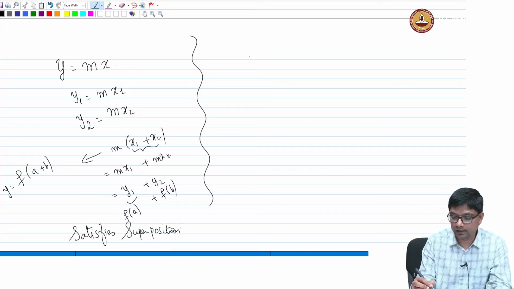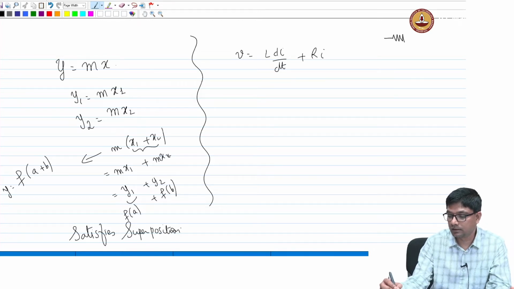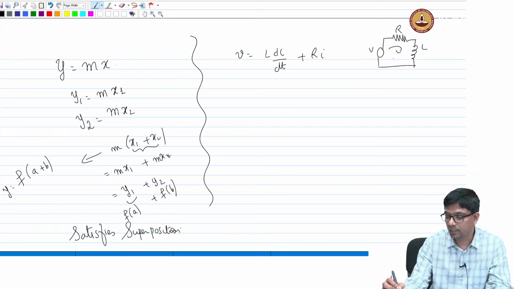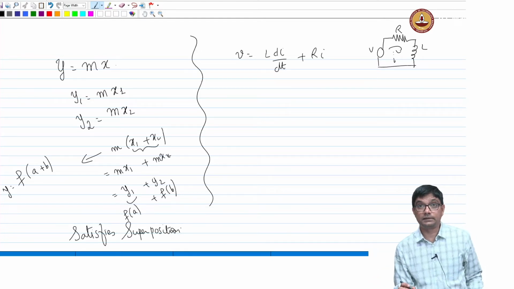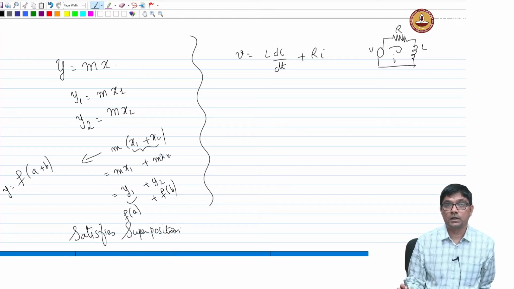Now I take a circuit: V equal to L di by dt plus R times i. I am just writing down the voltage law equation for a system which has an R and an L. Is this linear?